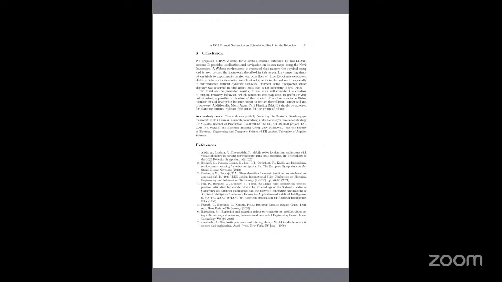The future work is custom recovery behavior. They are planning to develop an intelligent recovery algorithm using the cost map, so they will avoid the region where the obstacle was and select a new safe path. IR sensor: the Robotino has a large number of infrared sensors, while only the LiDAR is being used.